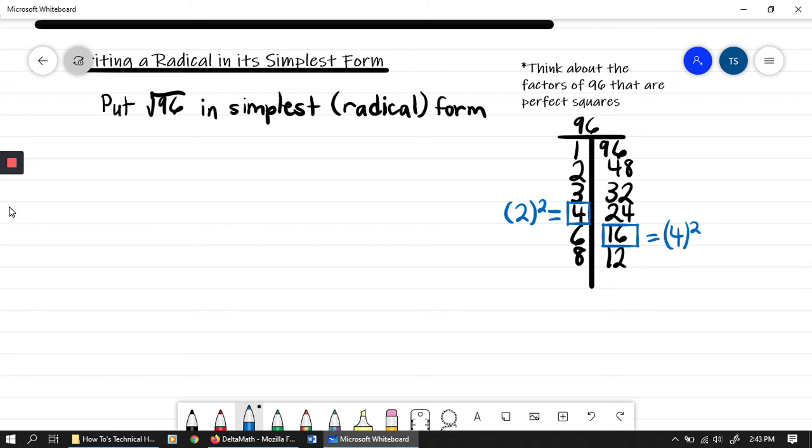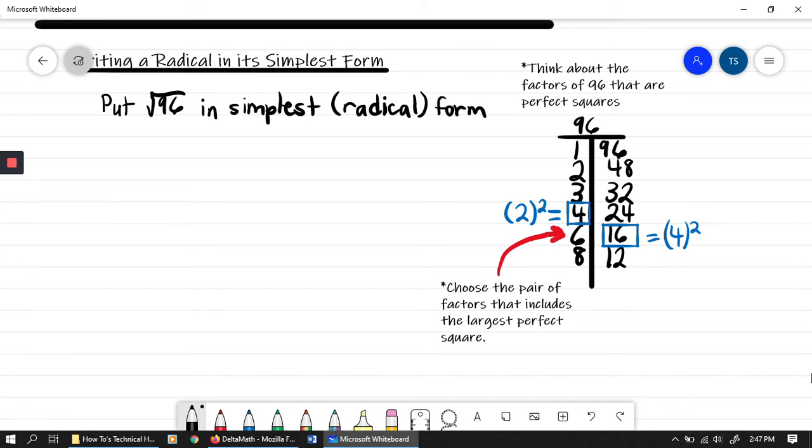So in this case, that would be 6 and 16. And when we choose that group, we're going to use these 2 numbers to rewrite this in its simplest radical form.